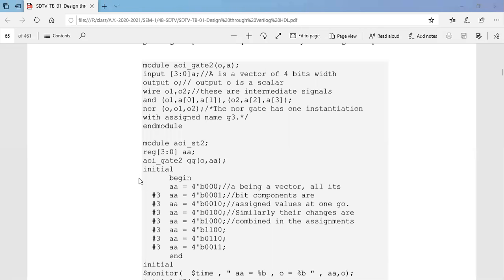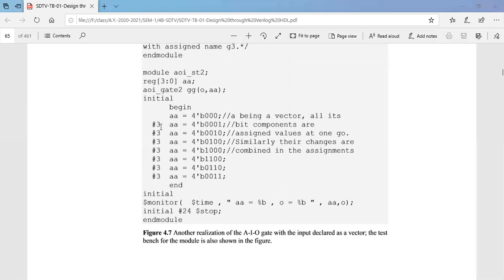And now I'm going to the initial condition. At the initial condition, the value of AA, which is a vector. Okay. In the initial stage, I am giving it, okay, here 0 is missing.